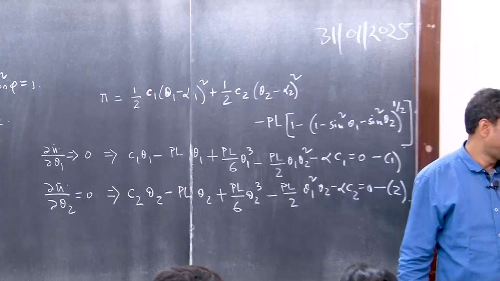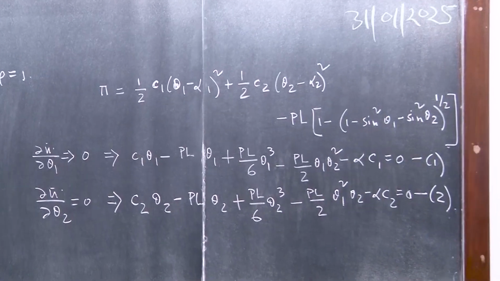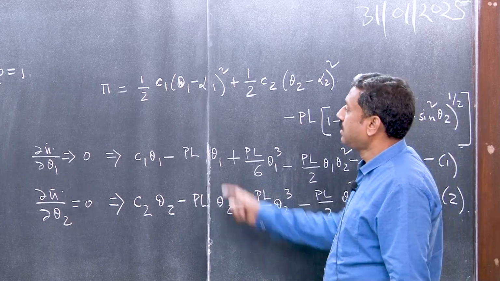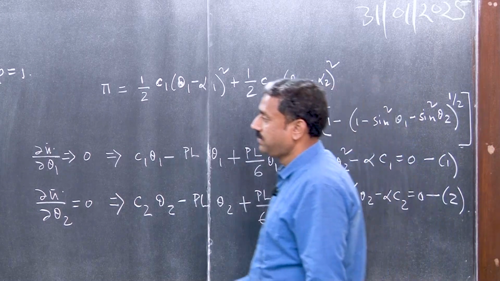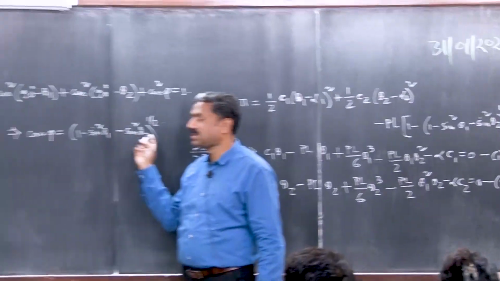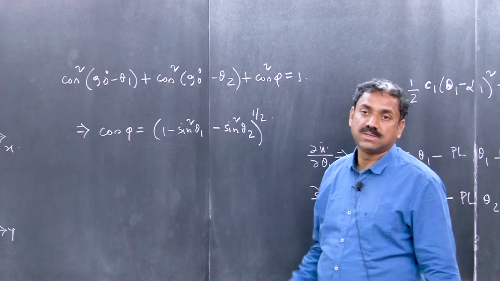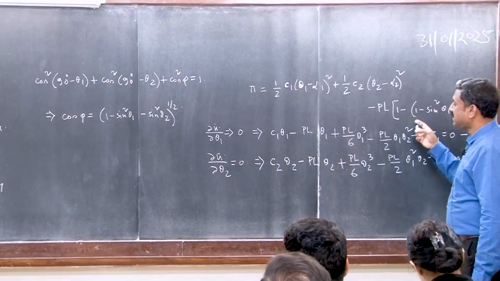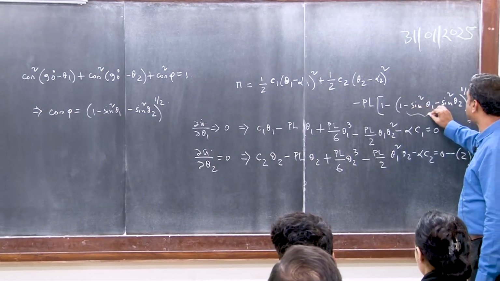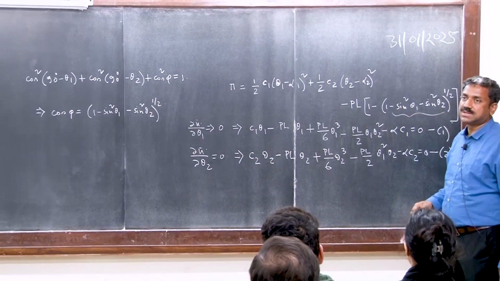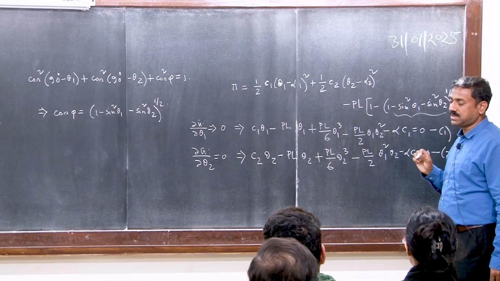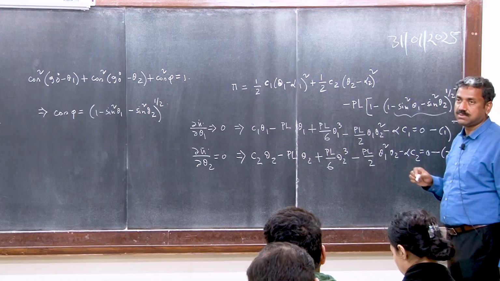Please note that there will be two independent coordinates. So, this is a 2 degree of freedom system, theta 1 and theta 2, because phi can be expressed in terms of theta 1 and theta 2 by virtue of this direction cosine law, right. Then we need to simplify this expression, and we considered the expansion of sin theta 1 and sin theta 2, okay.